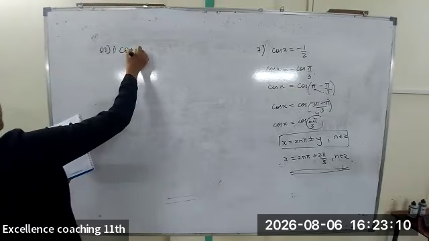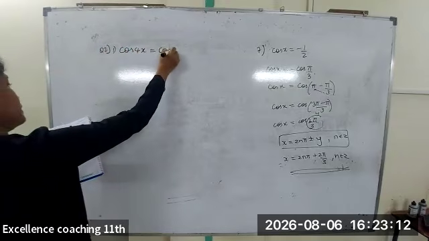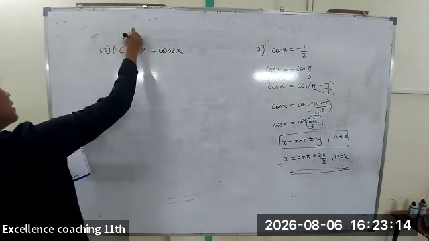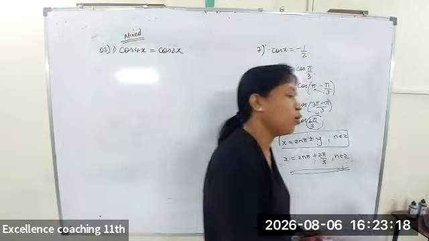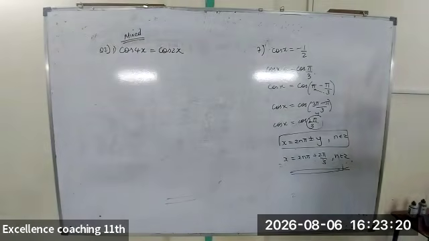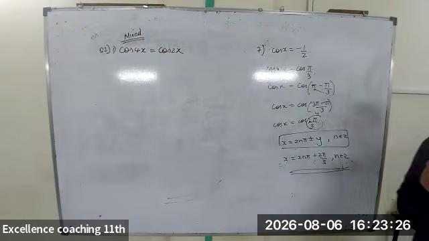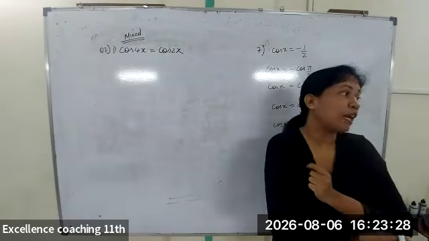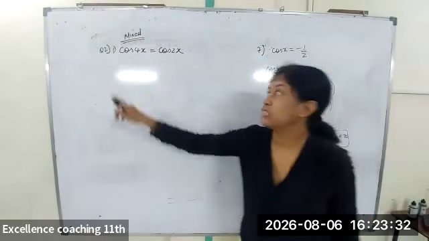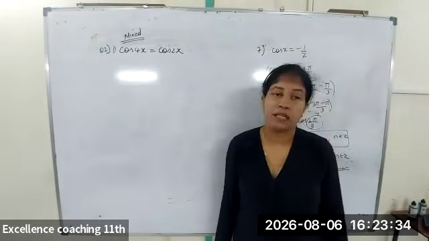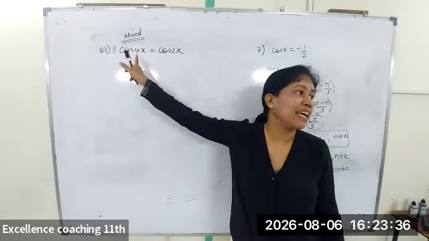The next category is mixed problems. Okay? It might include both Z1 and Z2, or maybe both Z2 only. Now how to know that it does not belong to Z1 also and Z2 also, and we have to simplify. Both sides cos is there only. But what is the problem? Both sides x only is there.